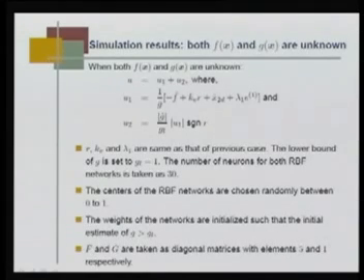The lower bound of g is set to g l equal to 1. The number of neurons for both RBF networks is taken as 30. The centers of the RBF networks are chosen randomly between 0 and 1. The weights of the network are initialized such that the initial estimate of g is greater than g l. F and G are taken as diagonal matrices with elements 5 and 1 respectively.